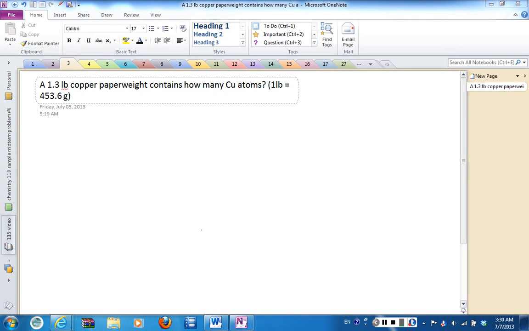A 1.3 pound copper paperweight contains how many copper atoms, given that 1 pound equals 453.6 grams? All right.